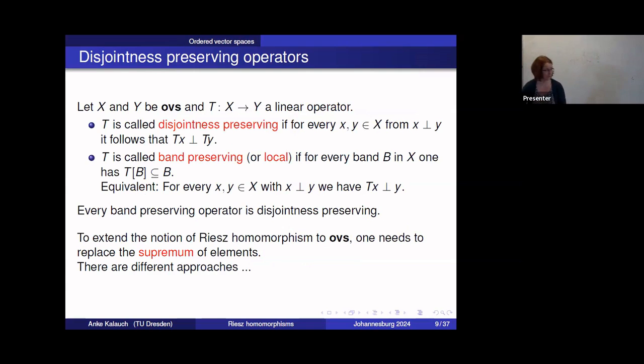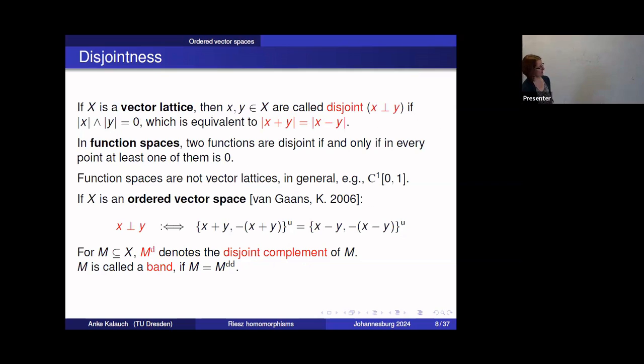You multiply them, then you get 0. So for functions, you have an idea what disjointness means, pointwise disjoint. In vector lattices, you look at the modulus of the two elements, and if the infimum of the two is 0, then this is a similar description of the idea you have in these function spaces. And in vector lattices, you have an equivalent notion that the sum and the difference have the same modulus.